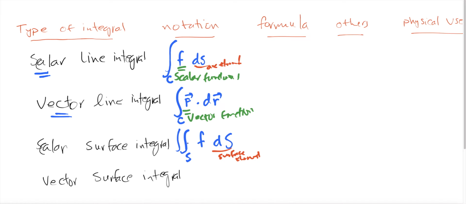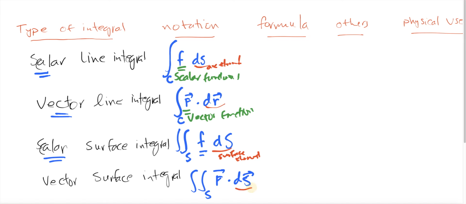And then you will have a vector surface integral. See, here we had scalar and scalar function. And now vector surface integral looks like this: F dot dS with a capital S. And of course, when we're saying arc length element and surface element, then what happens to these with the vector on top of them?